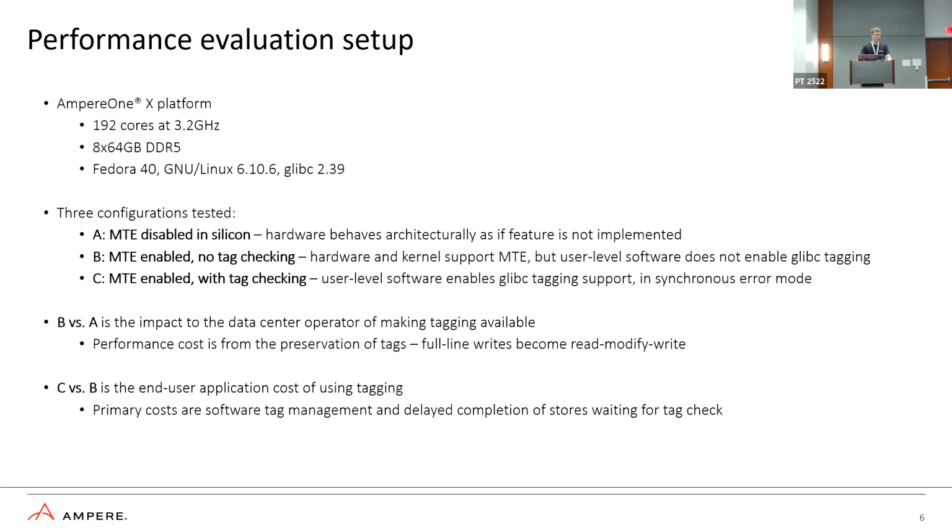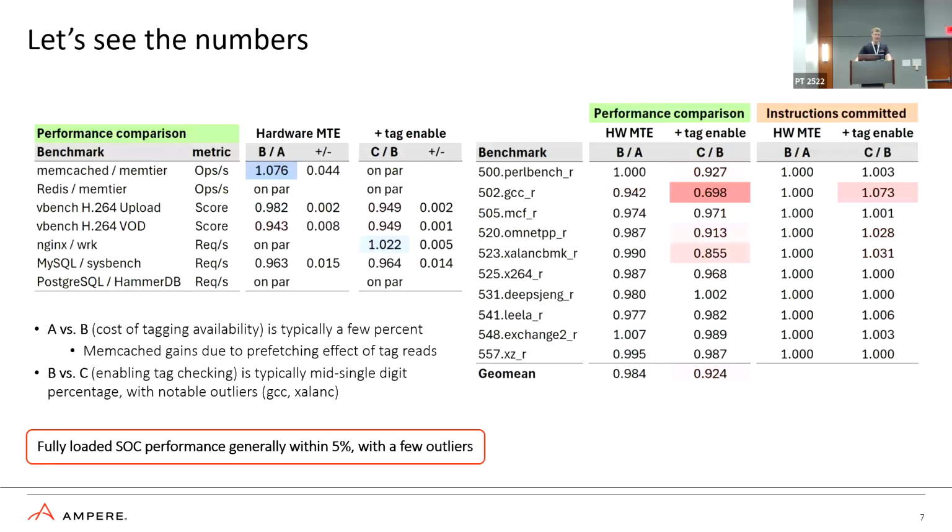Okay, enough talk. Show me the numbers, right? There's a lot of data on this slide. Let me see if I can get the laser pointer. I'm not going to talk through everything, but on the left we have the non-SPEC benchmarks. On the right, we have the breakdown of SPEC. So first, let's look at the B versus A column right here. Several of the benchmarks see no statistically significant difference in performance.